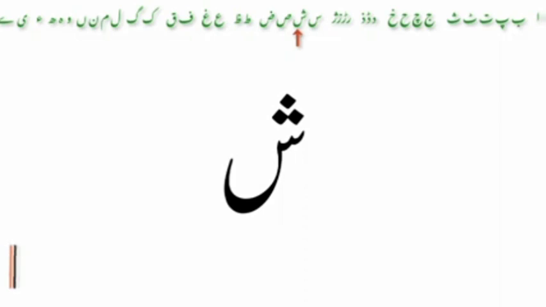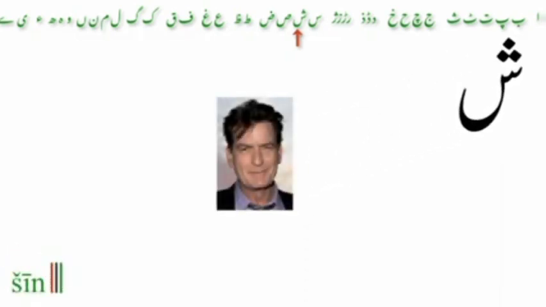Then comes my favorite letter, if I had to pick one. It's sheen. Sheen. It's like Charlie's last name, Charlie Sheen. But it's my favorite because it's what my name starts with.